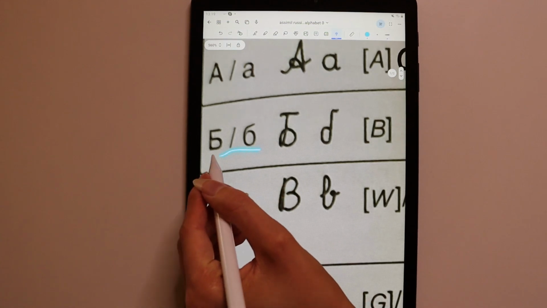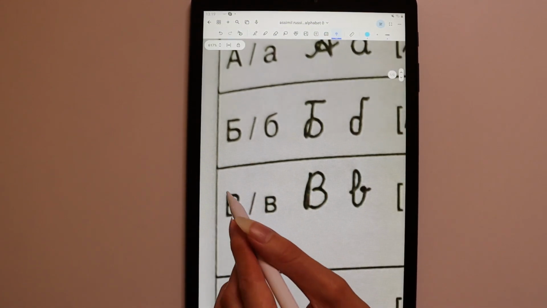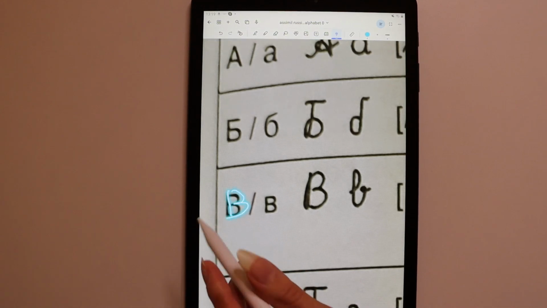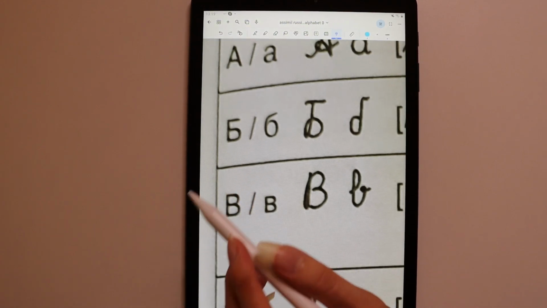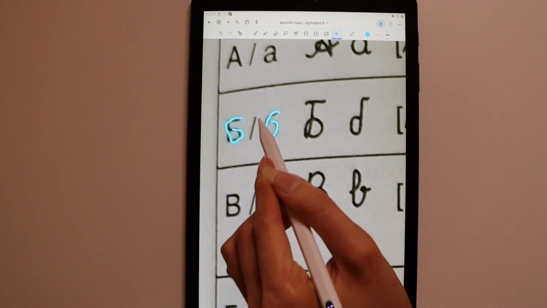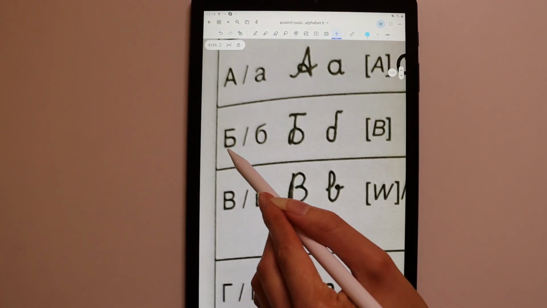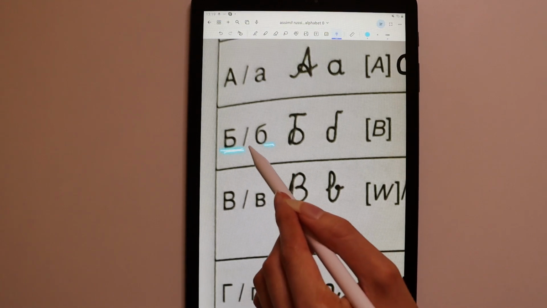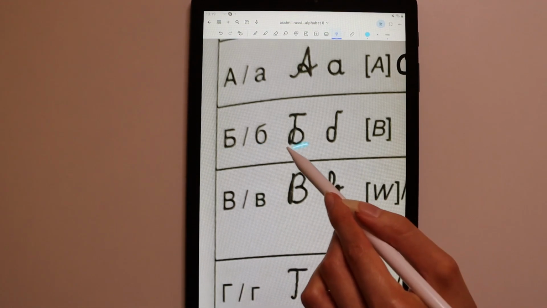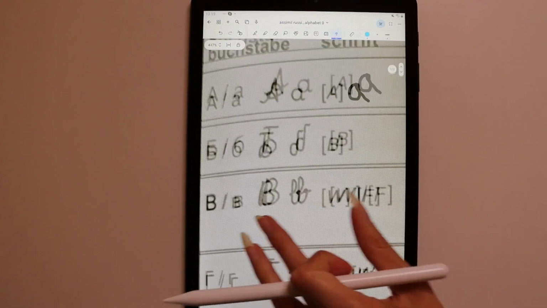B is a B, and it's not written like in English. This would be the English B, but this Russian B is written like this, and this is the small form. This is always the uppercase letter, and this is the lowercase letter, and here the same in the cursive versions.